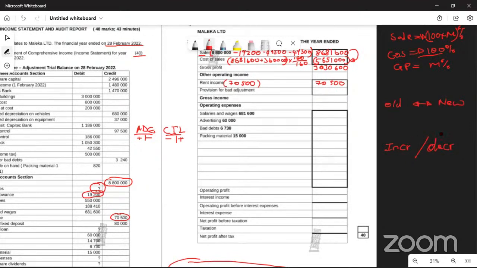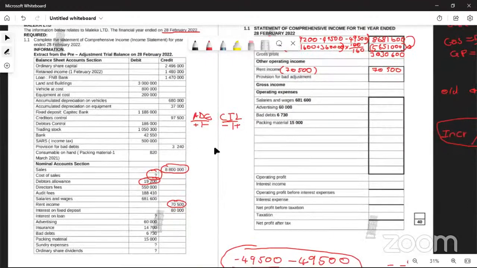These are the two things that we are checking. Either we are given the adjusting figure and we take it, whether it is an increase or a decrease, or we are given the new provision for bad debt or the old provision for bad debt. From the pre-adjustment, you will get the old provision for bad debt.